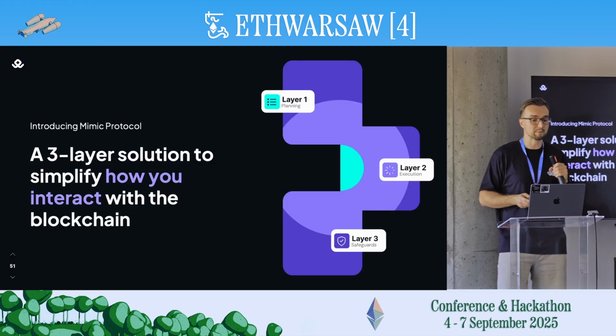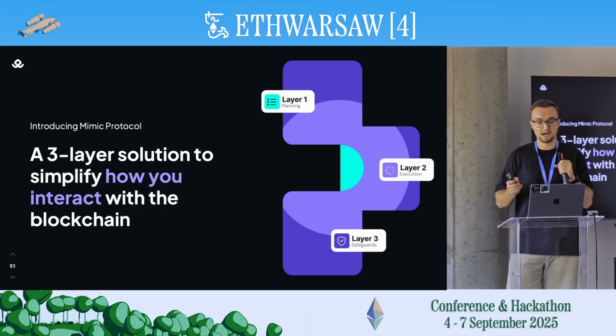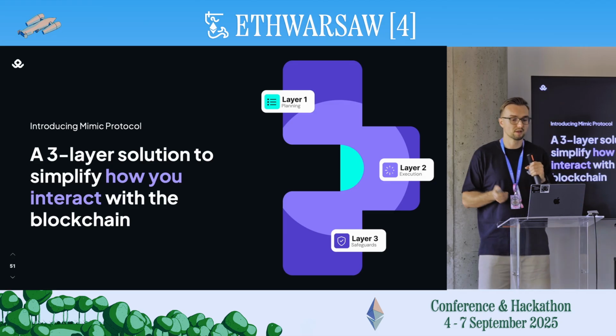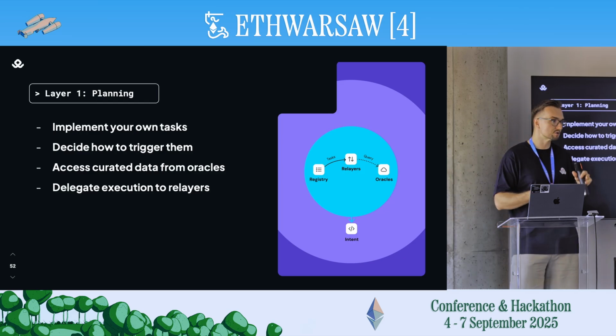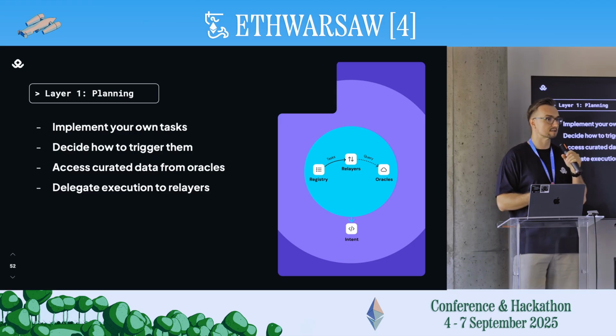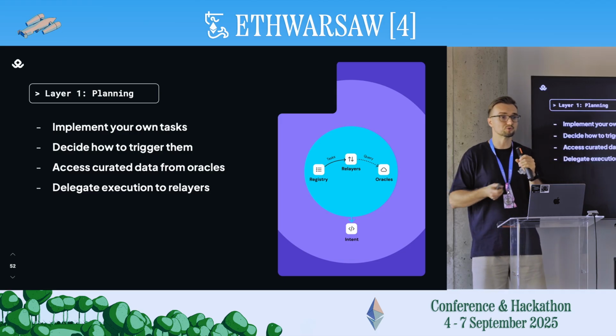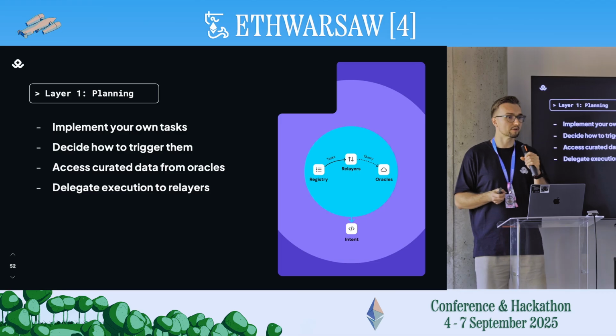So what is Mimic protocol? Mimic protocol is a 3-layer solution to simplify how you interact with the blockchain. Layer 1 is a planning layer. A user, a developer, implements their own tasks. Today, the tasks can be written in TypeScript, so you don't need to know Solidity, you don't need any smart contract knowledge.